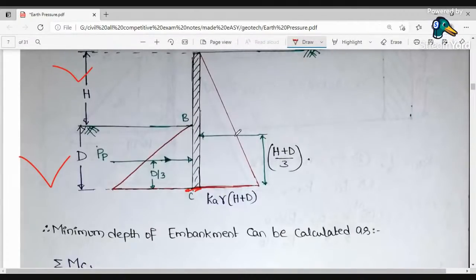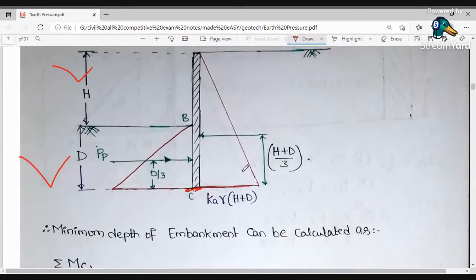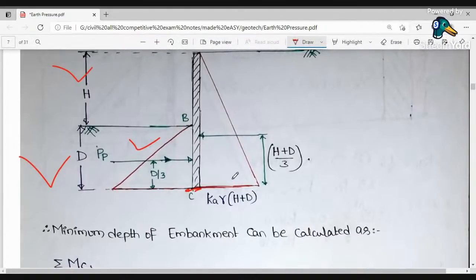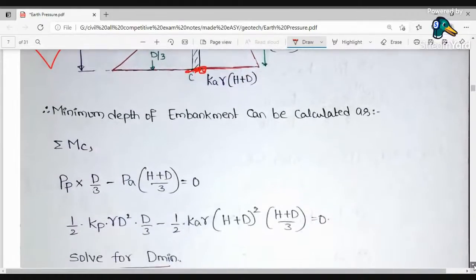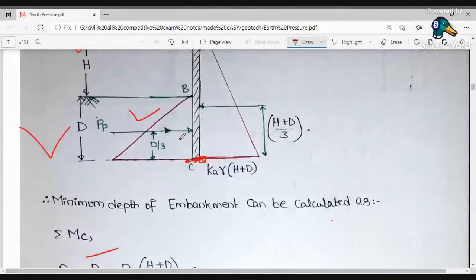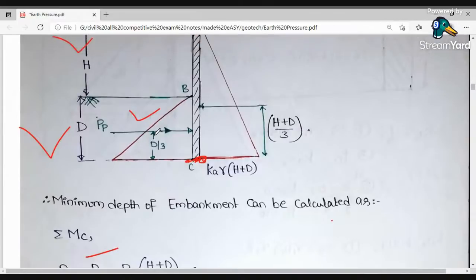So if you draw the pressure distribution simplified, we are assuming the pressure distribution as triangular. Here is the passive side, here is the active side. Then we take moment about C for determining the embedment depth. So taking moment about C, passive pressure into d by 3, because the distance from the base is d by 3, since it is a triangular distribution.